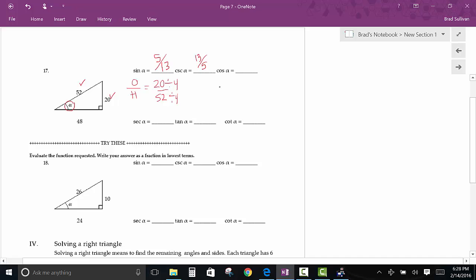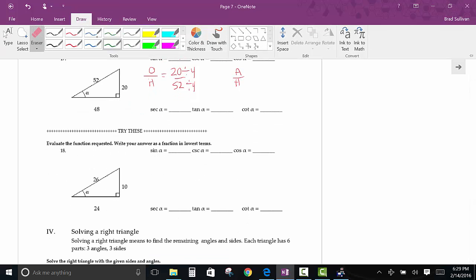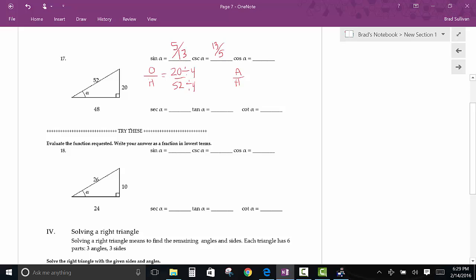Okay, the cosine is adjacent over hypotenuse. So again, if you look at this angle, the adjacent, I don't know why it does that. Let me erase that. So if I erase all this stuff right here, let's go through and figure out what that is. Again, what you're doing is you're looking at the angle.